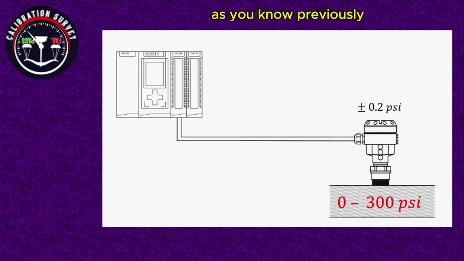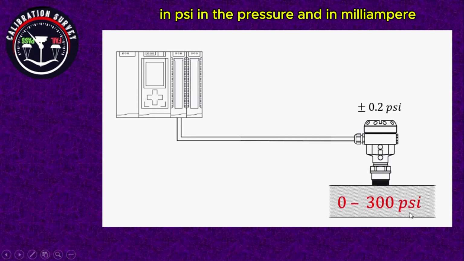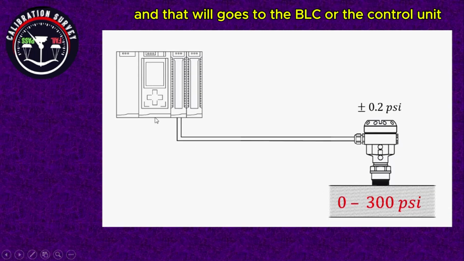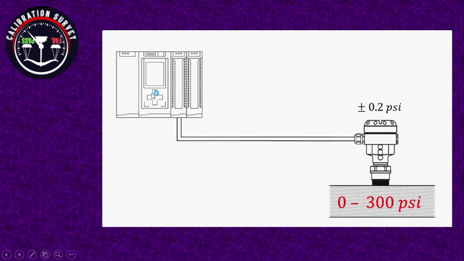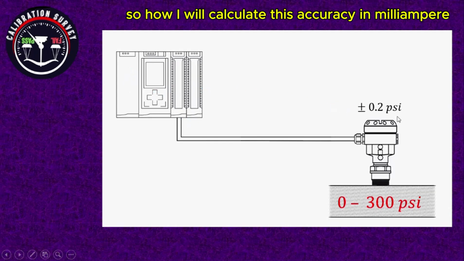As you know previously, any pressure transmitter will have two types of measurement, in psi, the pressure, and in milliampere, and that will go to the PLC or the control unit. So how will I calculate this accuracy in milliampere?